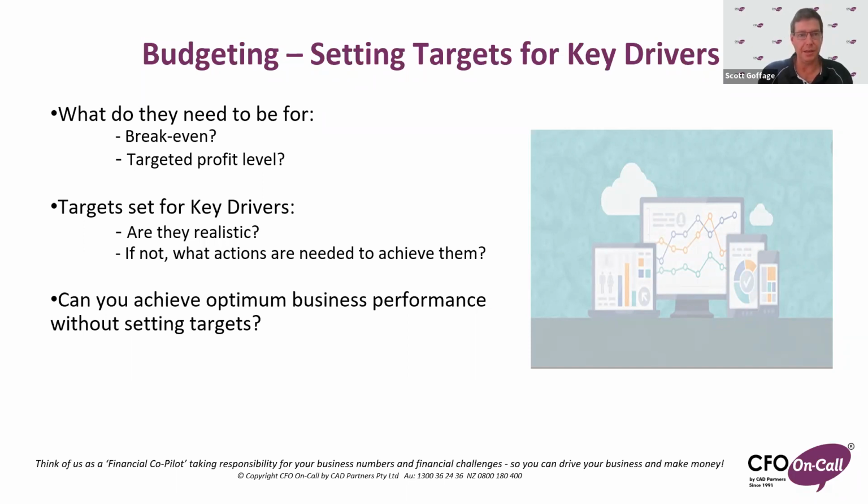Where do they need to be at? I think also ask yourself for these targets, are they realistic? If you've never invoiced out more than 400 hours in a month, and suddenly the target's 800 hours, that may not be realistic. So make sure they're realistic in terms of what you're setting as targets, and then also work out what actions you need to do in your business to achieve these targets.